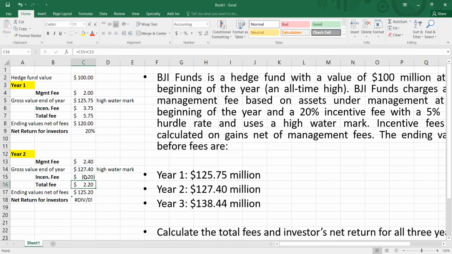Now, my incentive fee becomes negative, and my return definitely will be much lower. And total fee is actually without any incentive fee, because we are not penalized, but we are not receiving anything for it. We're not receiving anything. It is just management fee.